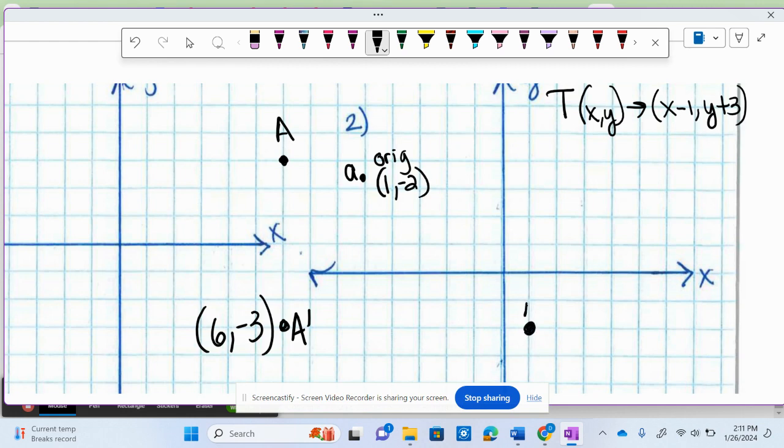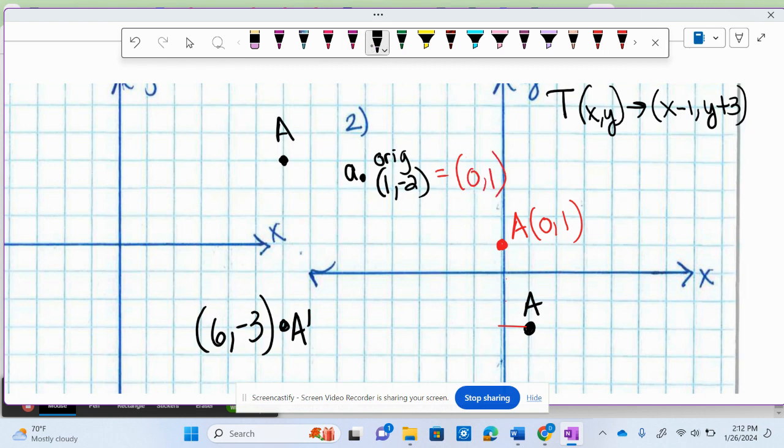I'm going to call it A, and I perform this rule of left 1 and up 1, 2, 3. What is the new point? 0, 1. So the answer to question A is the ordered pair 0, 1.